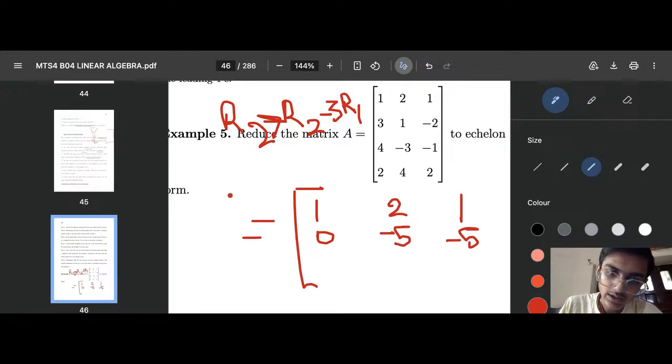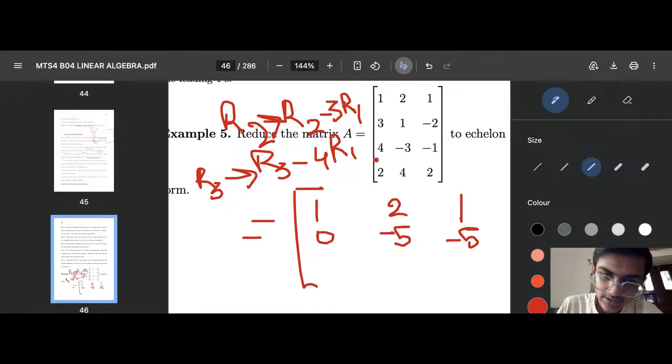Now operating on this R3. R3 goes to R3 minus 4R1. What will we get? 0 and minus 8, minus 11. Fine. Minus 1, minus 4, minus 5.